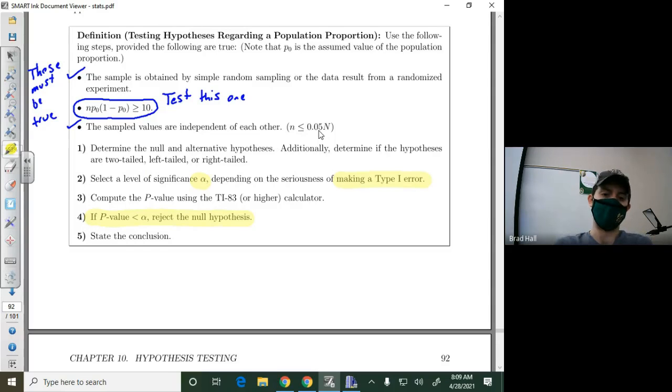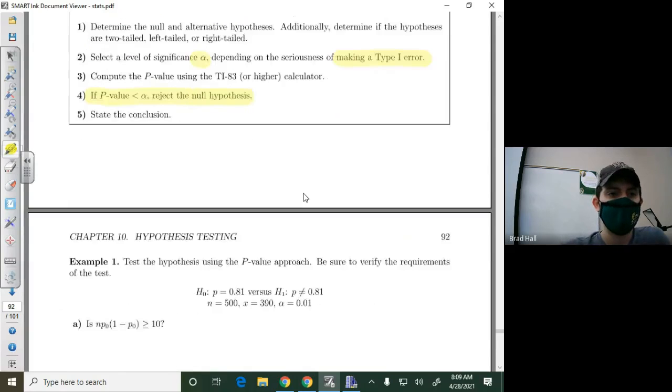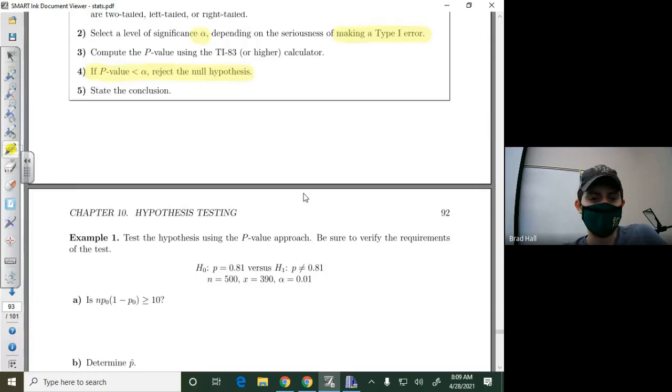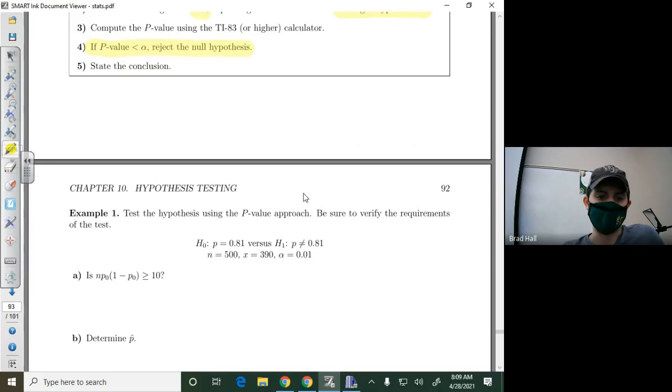So besides that, let's look at an example here. Example 1 says, test the hypothesis using the p-value approach, and they give us a ton of values. So let's try to remember what some of this terminology refers to.